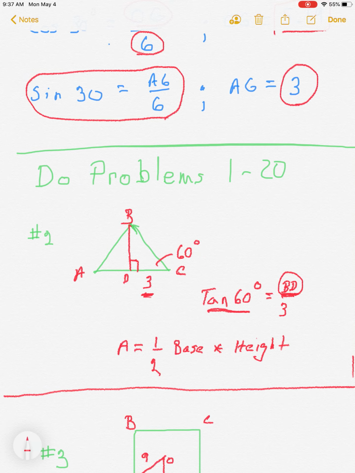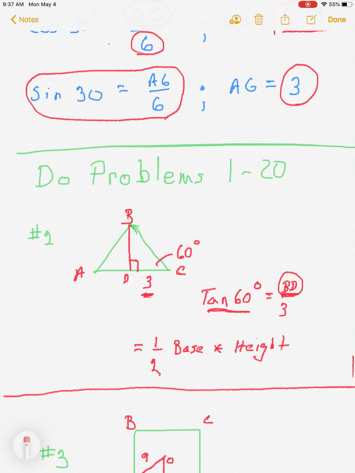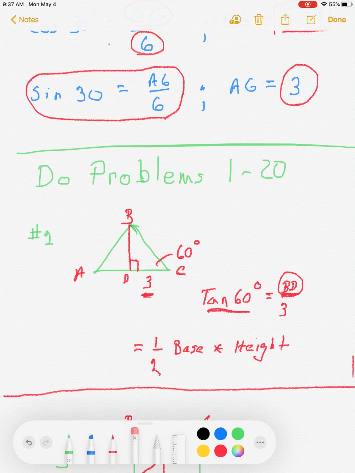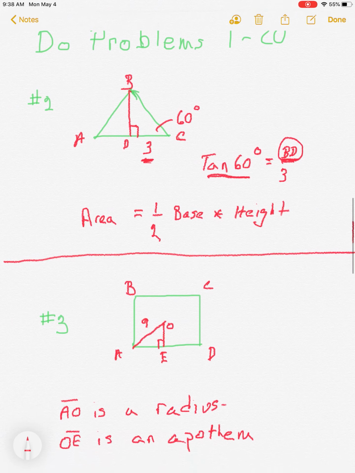So the area is 1/2 of the base 6, 1/2 of 6, multiplied by the height, which you found using the function above, tangent 60 equals BD over 3, and that will give you the area of the triangle.